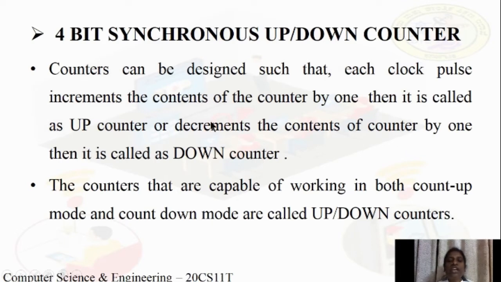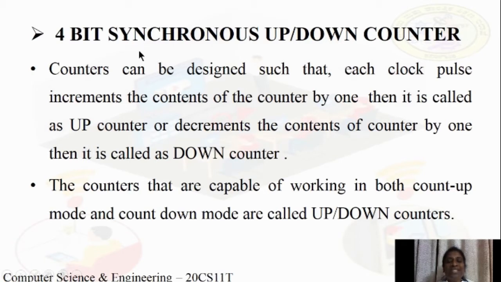Similarly, if the contents of the counter are decremented by 1 for every clock pulse, we call that type of counter a down counter.